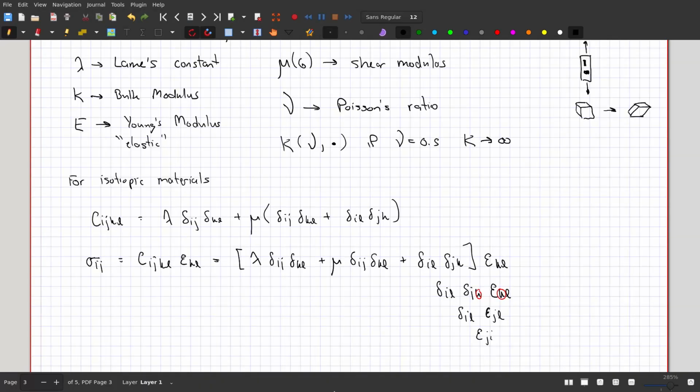But our strain tensor is symmetric, so we could also write that as IJ. Okay.